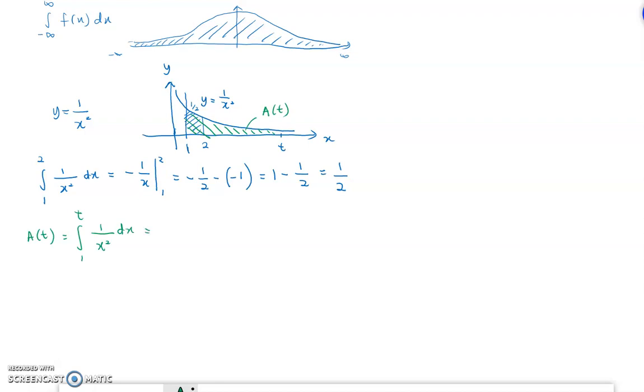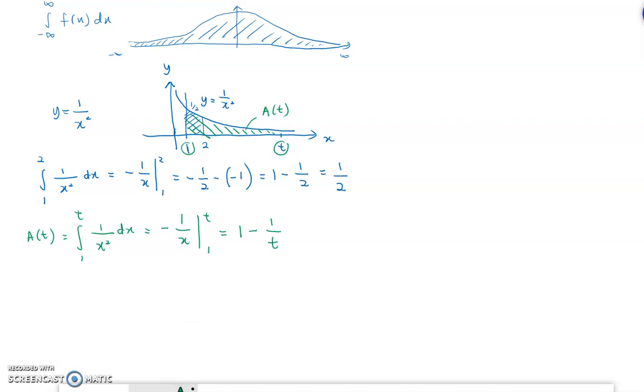Using the same method, we get negative 1 over x from 1 to t, and substituting, we get negative 1 over t minus negative 1. So the area under the curve of 1 over x squared from 1 to t is 1 minus 1 over t.